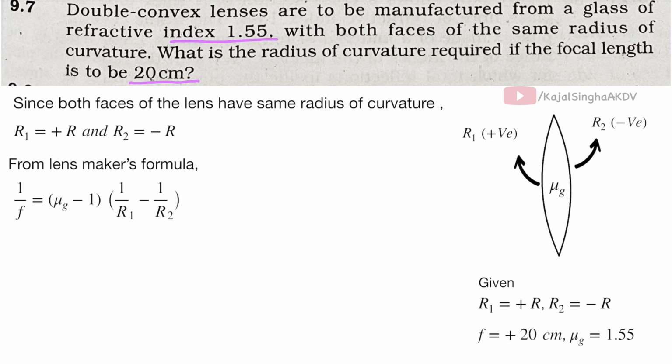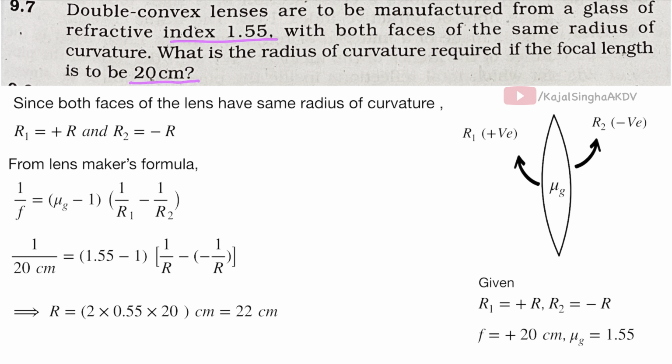We put the value of f, which is plus 20 centimeter, mu g, which is 1.55, and R1 and R2 both equal to R, but R1 with a plus sign and R2 with a minus sign. So we get R equals 22 centimeter.